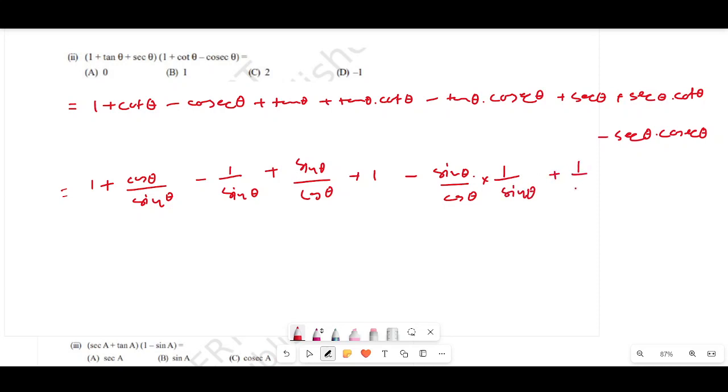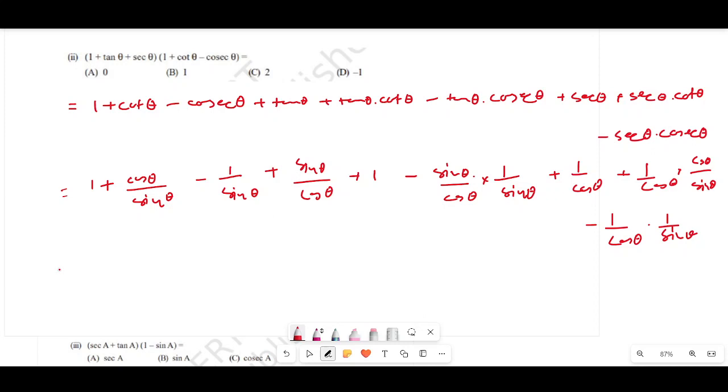Now 1 by cos theta into cos theta upon sin theta, minus sec theta, 1 by cos theta, into 1 by sin theta.